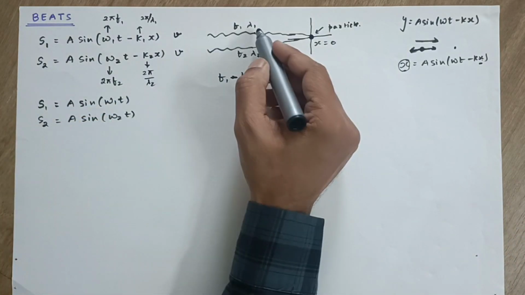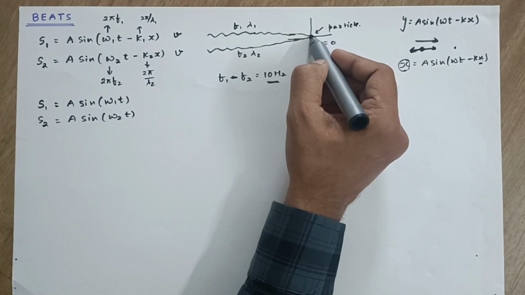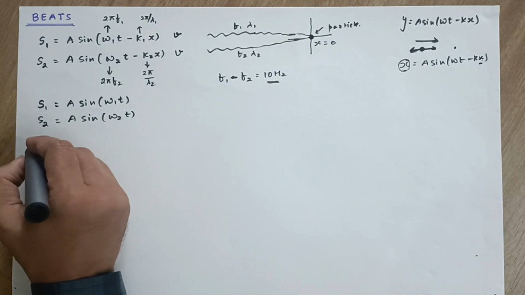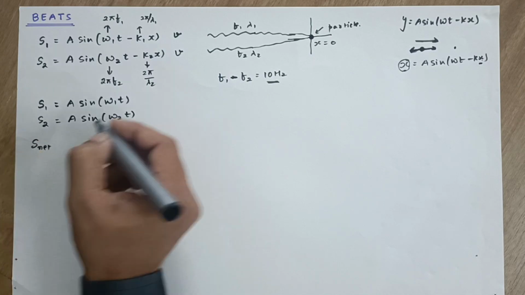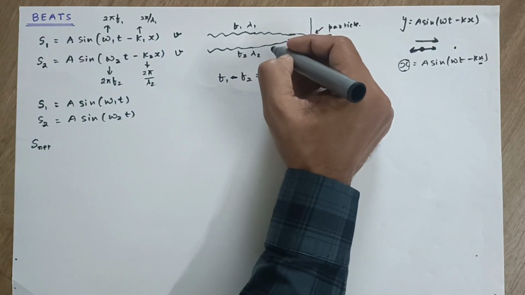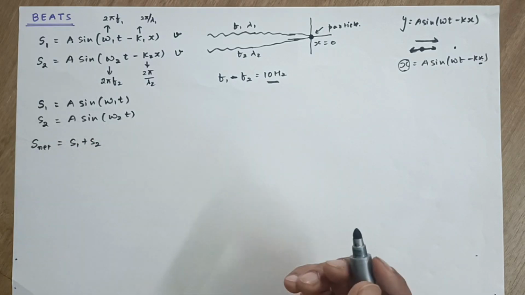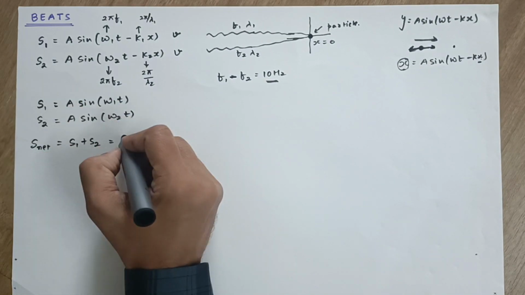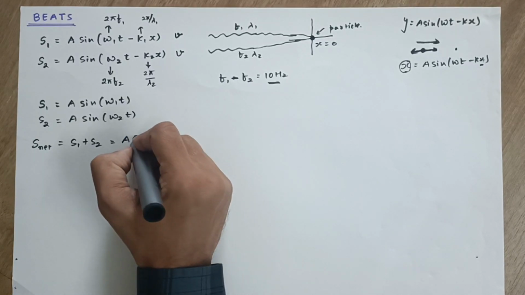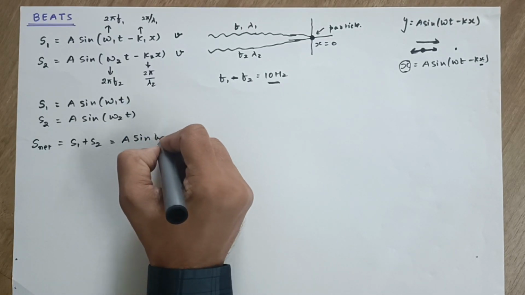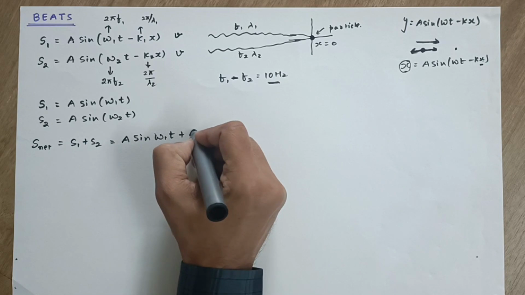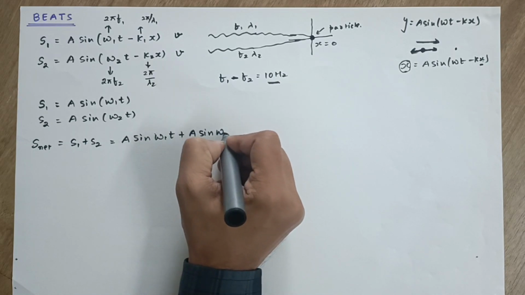Okay, now since these two waves are superposing at this point, we need to apply the principle of superposition. So the net displacement of this particle under the effect of these two waves will be equal to s1 plus s2. So I'm just going to add them: A sine omega 1t plus A sine omega 2t.